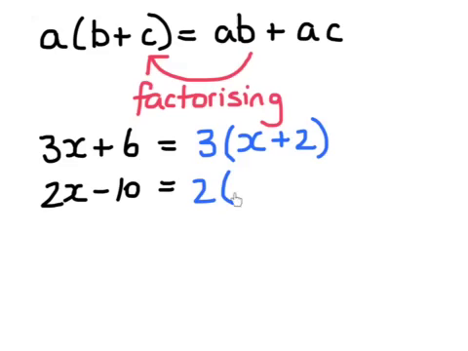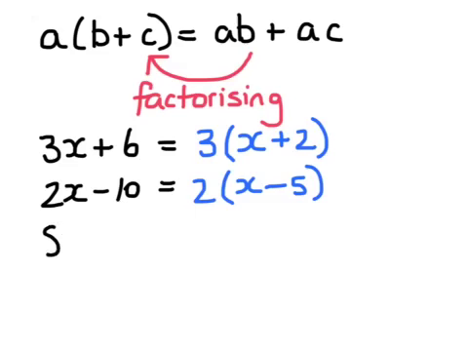What do I multiply 2 by to get 2x? That's x. What do I multiply 2 by to get minus 10? That's minus 5. That's the factorisation complete. I can quickly check: 2 times x is 2x, 2 times minus 5 is minus 10, so I know I'm correct.